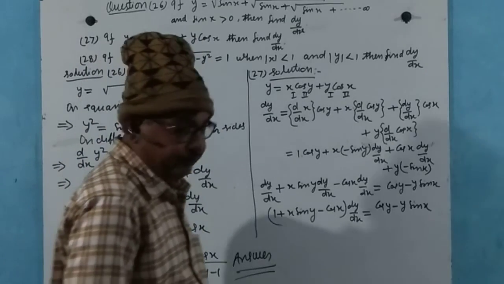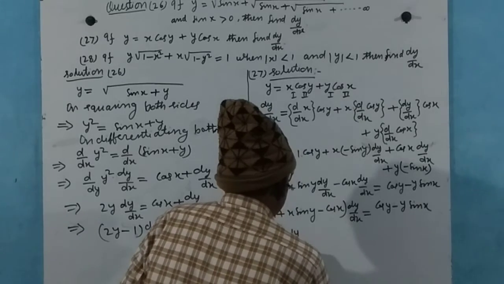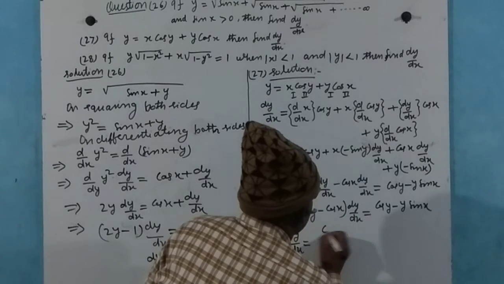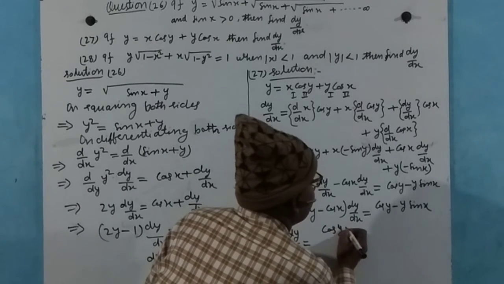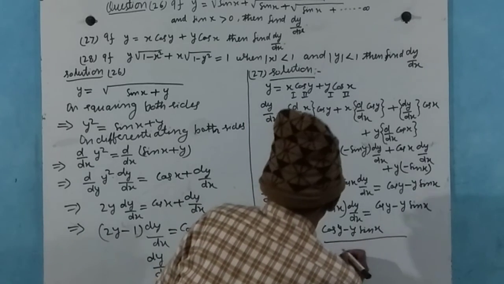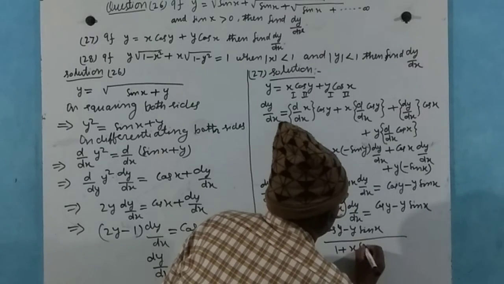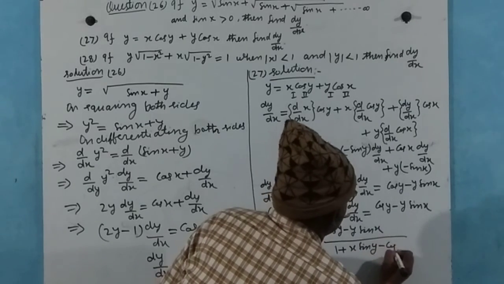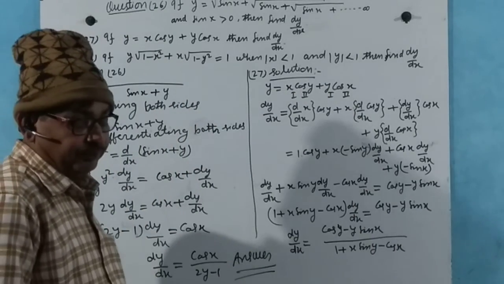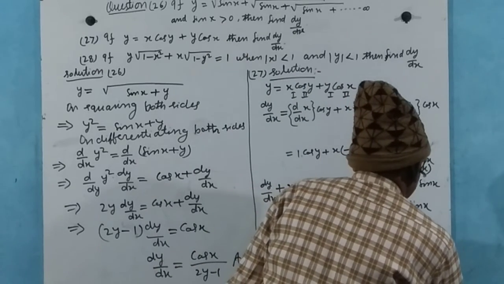Now dy by dx equals cos y minus y sin x divided by 1 plus x sin y minus cos x. This is our answer.